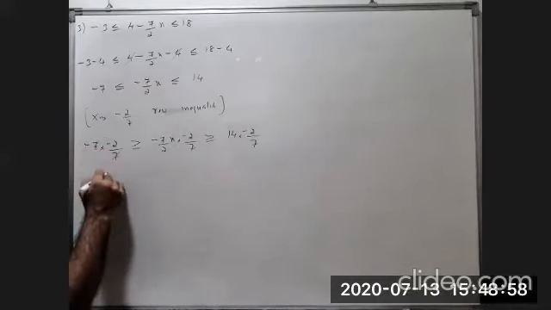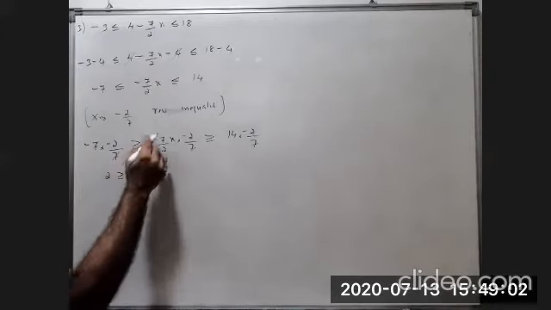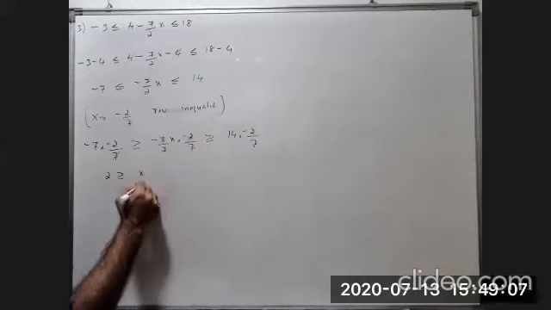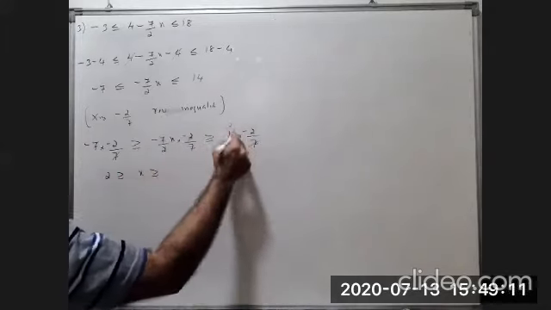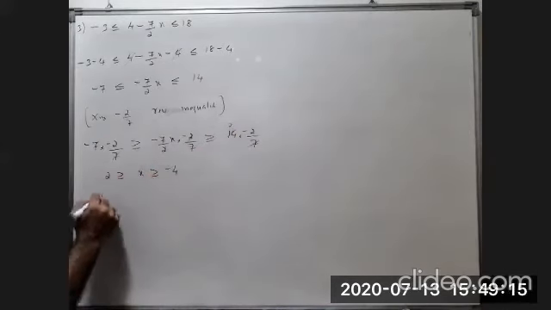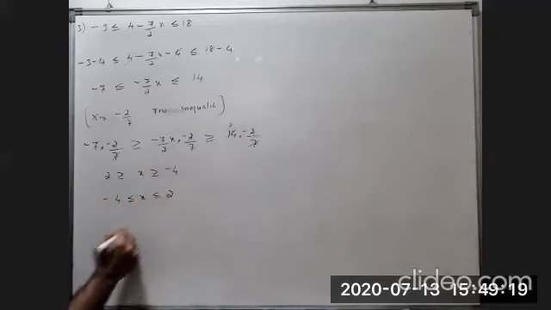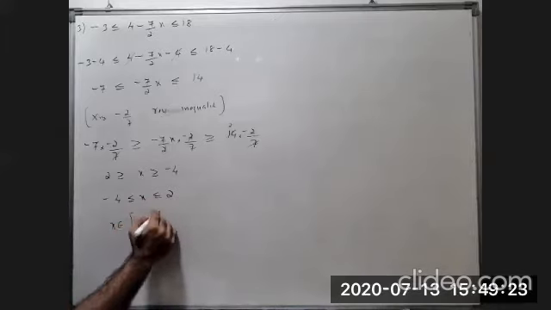It is 2 greater than or equal to x. Writing in increasing order, minus 4 less than or equal to x. So x belongs to the closed interval minus 4 to 2.